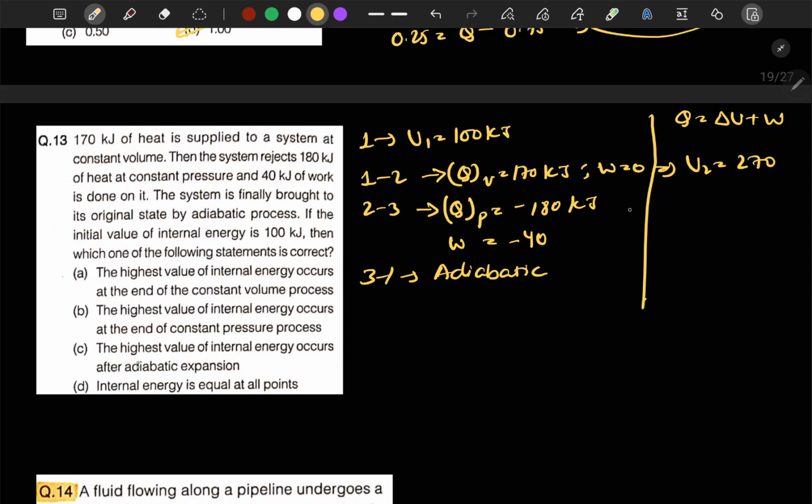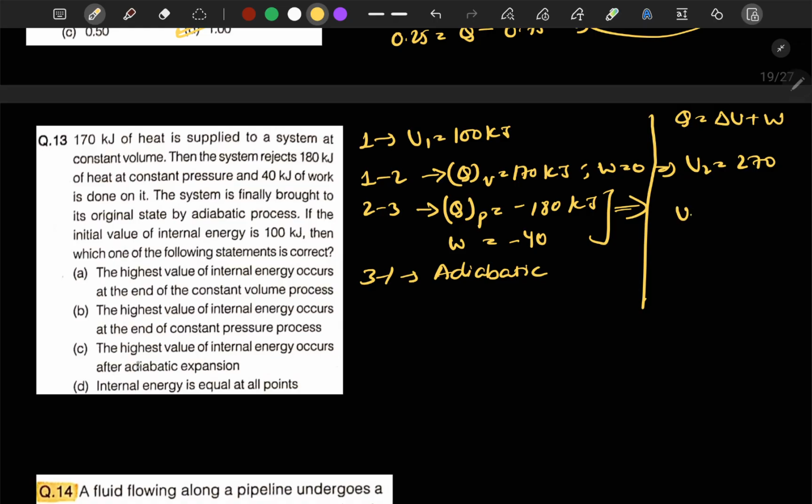Now for this particular case you have been given Q is equal to minus 180 and work is equal to minus 40. So you will get delta U is equal to minus 140, that is U3 minus U2, and we know U2 is 270.